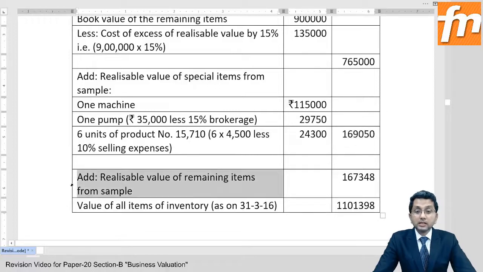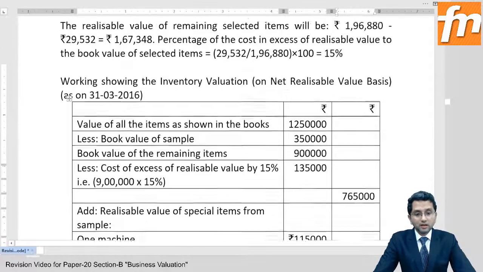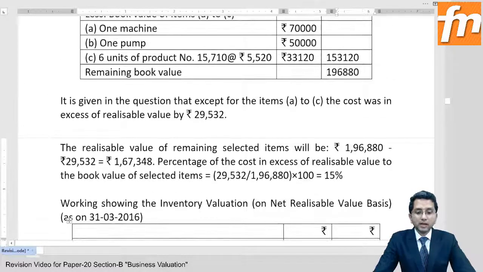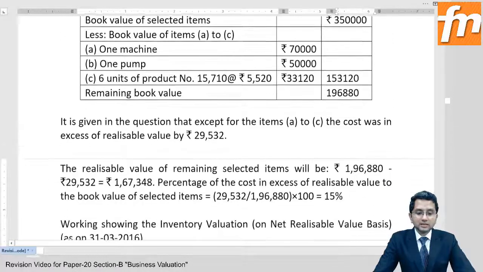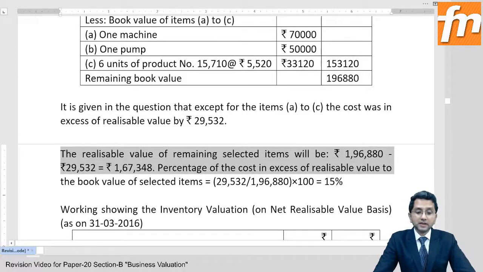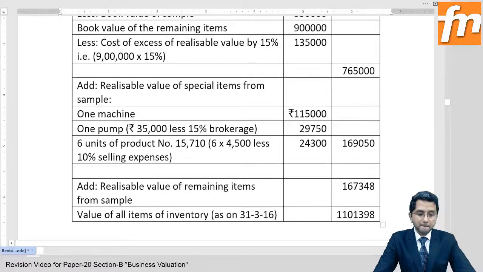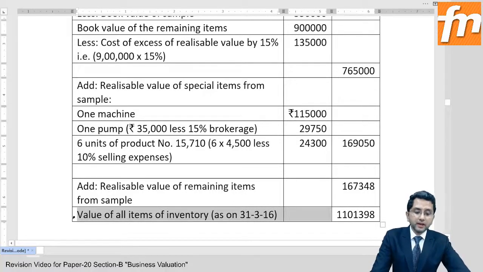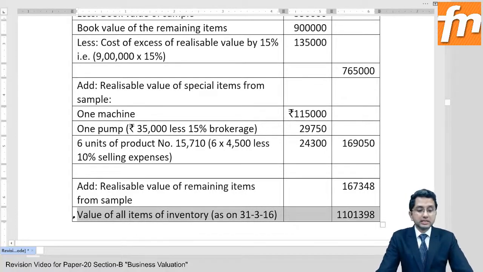Now, items other than special items in our sample are having a value of 167,348. How come 167,348? This is simply 196,880 minus 29,532. So value of all items of inventory as on 31st March 2016 is 11 lakh 1398.